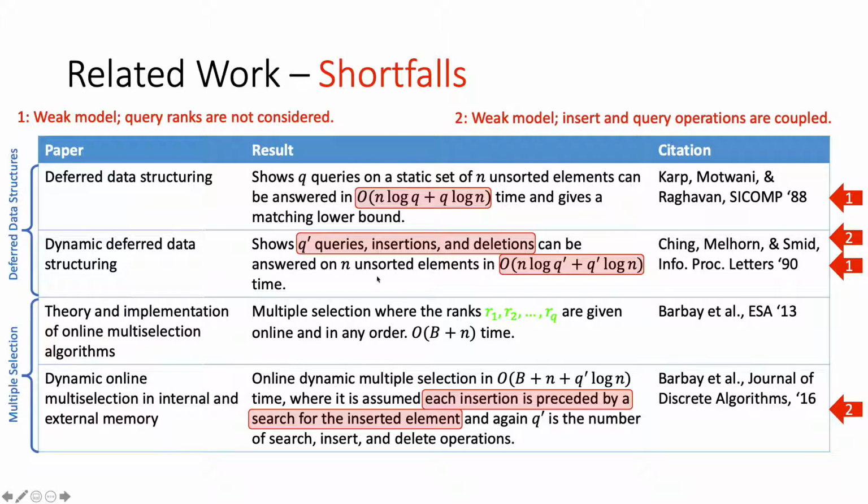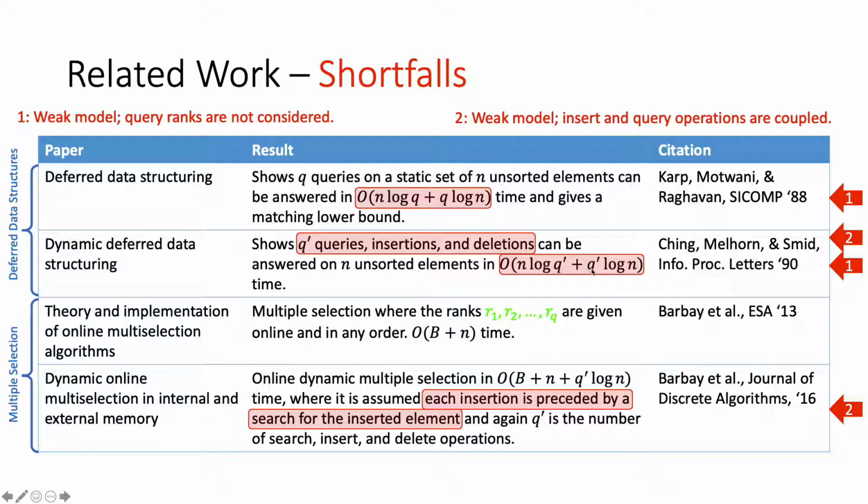And then in these semi-dynamic models, so to speak, we have this coupling of insert and query operations. We're only considering queries, insertions, and deletions together, and this gives a bound that is only meaningful if the number of insertions is very small and we start off with a large set of initial elements.